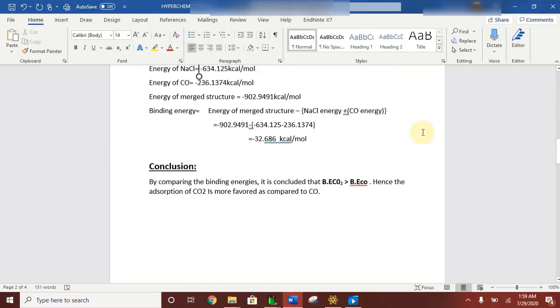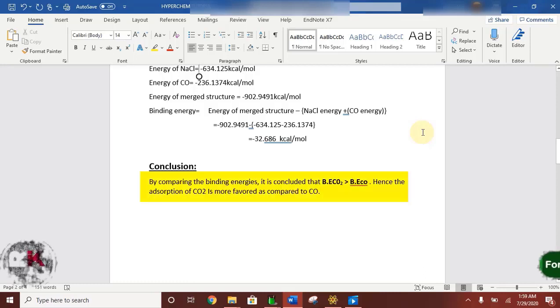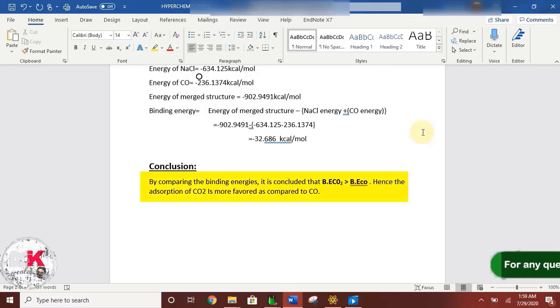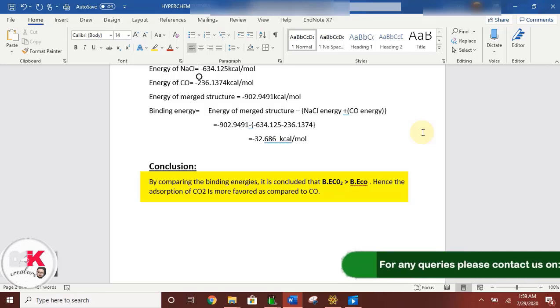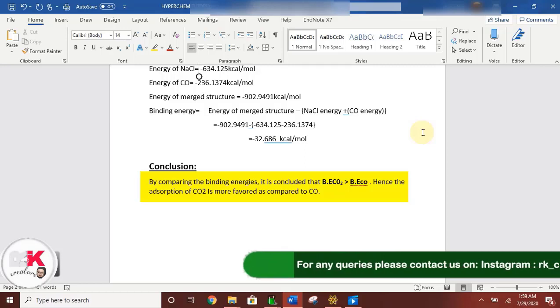So, in conclusion, we say that the binding energy of carbon dioxide is more than the binding energy of carbon monoxide. Hence, the adsorption of carbon dioxide is more favorable compared to the adsorption of carbon monoxide.